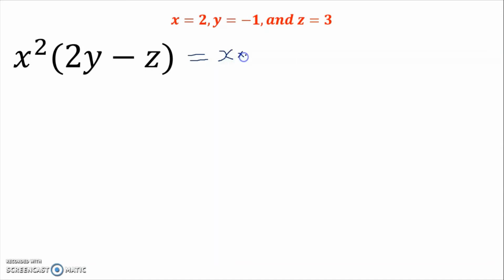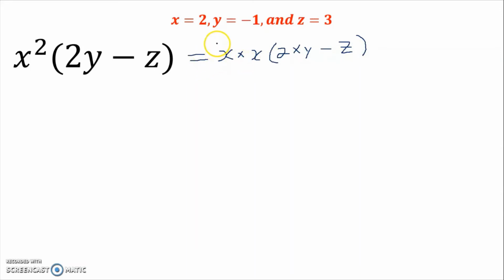Open bracket, 2y, which is the same as 2 times y, minus z. 2 times y minus z.